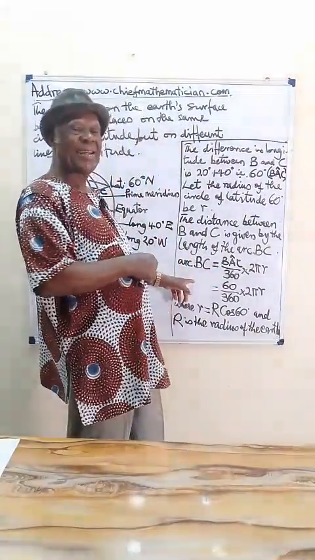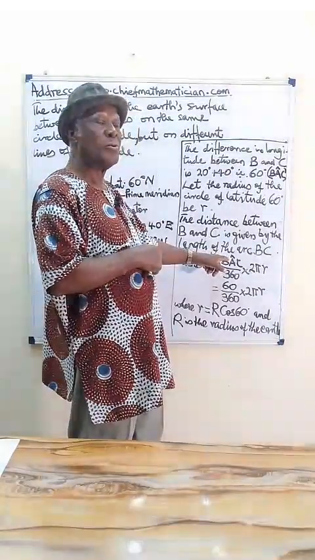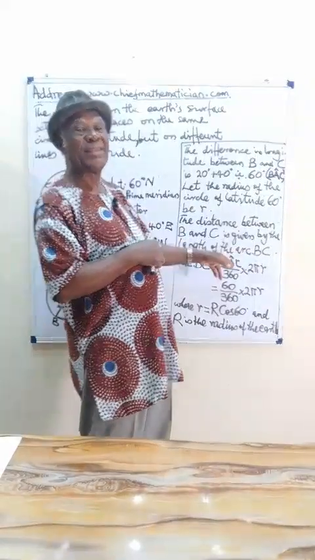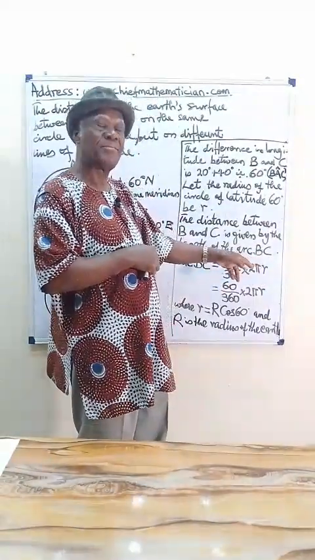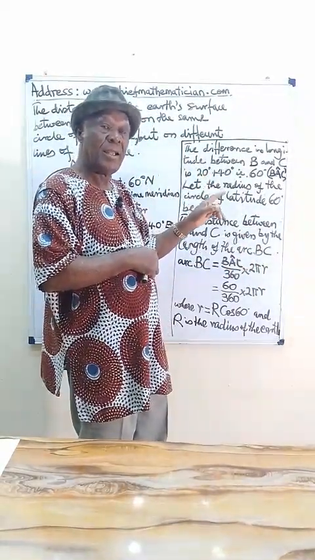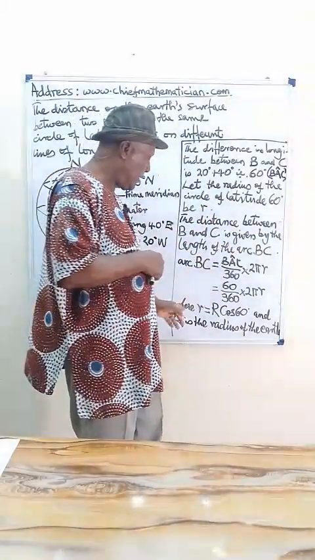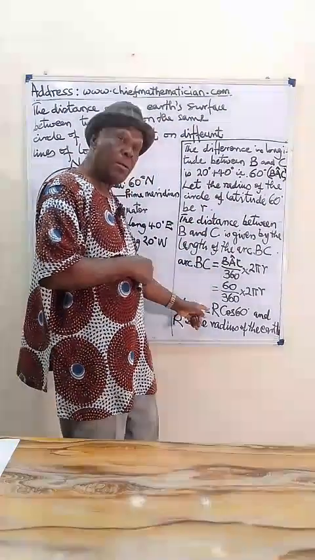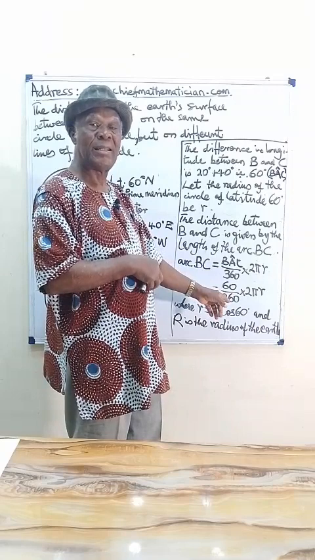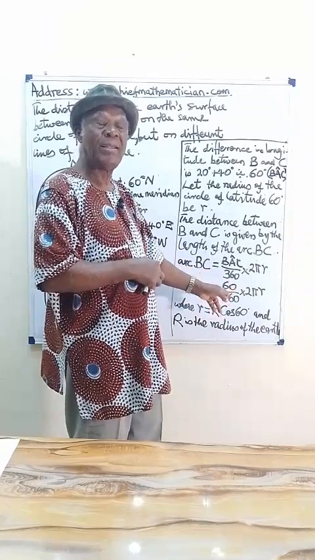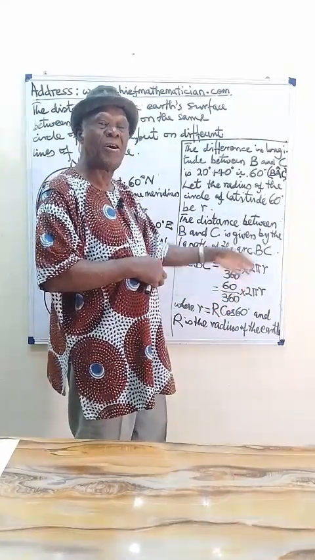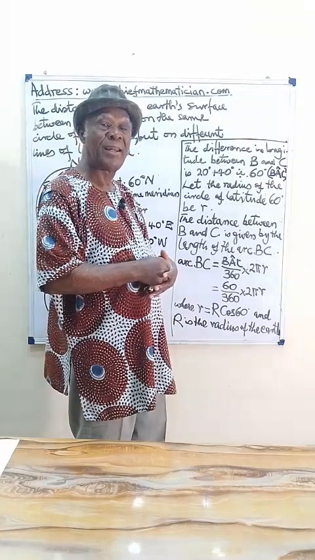And the length of that arc BC is given by the angle which the arc subtends at the center of the circle over 360 degrees multiplied by 2 pi r, where r is the radius of that latitude 60 degrees, which we have already discussed can be obtained by multiplying capital R by cos 60 degrees. That is how we obtain the radius of a circle of latitude. You multiply capital R, which stands for the radius of the earth, by the cosine of the angle of that latitude.